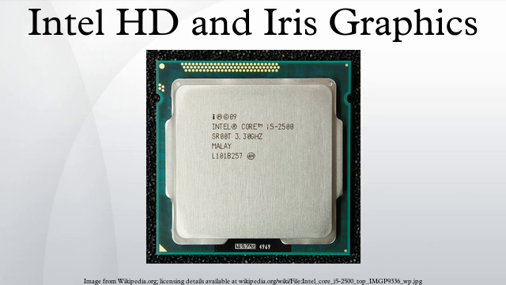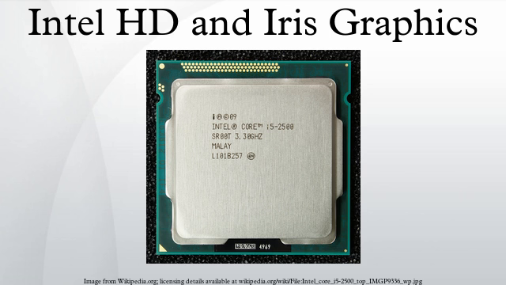HD Graphics 4200, 4400, 4600, P4600, P4700 have GT2, 20 execution units, up to 432 GFLOPS at 1350 MHz. HD Graphics 5000 has GT3, 40 execution units, twice the performance of HD 4xxx for compute-limited workloads, 15 W TDP SKUs, up to 704 GFLOPS.